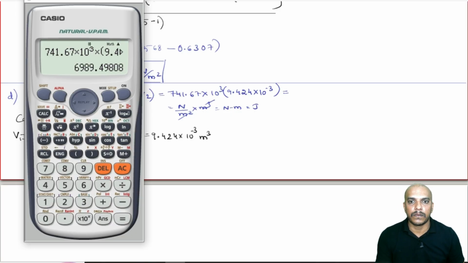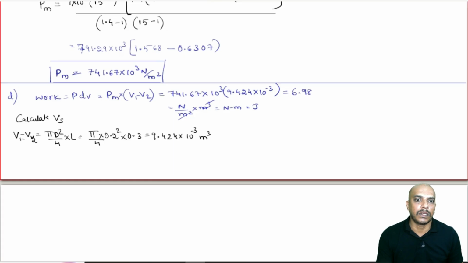So that will be 6989.4, or let us say 6.989 into 10 power 3 joule. Or if you divide this by 1000, it will be kilojoule. I will write it as kilojoules.